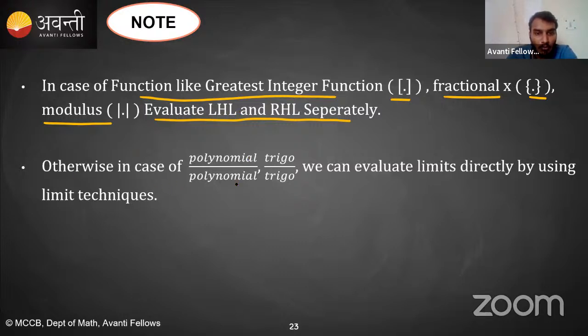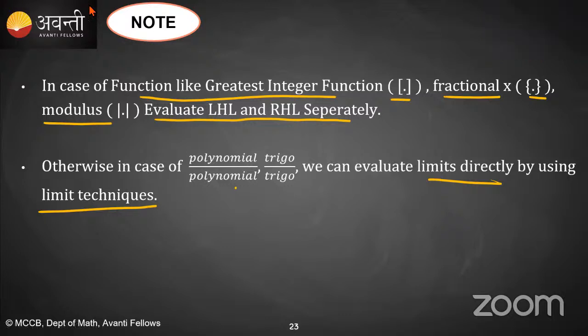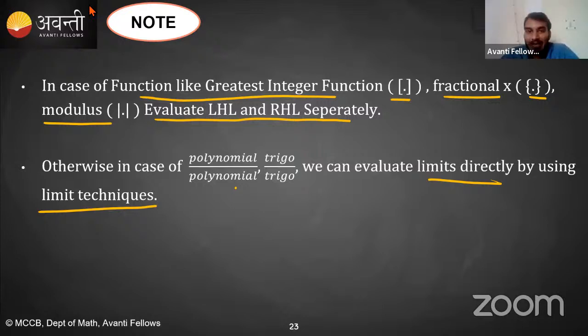Otherwise, in case of polynomial upon polynomial, trigonometry upon trigonometry, we can evaluate the limit directly using the limit techniques we will be studying from the next class. But this should be clear that in case of greatest integer function, modulus function, or fractional x, evaluate the left hand limit and right hand limit separately, because most students make this mistake. They don't evaluate the left hand limit and right hand limit separately in such functions, and they directly give the wrong answer.